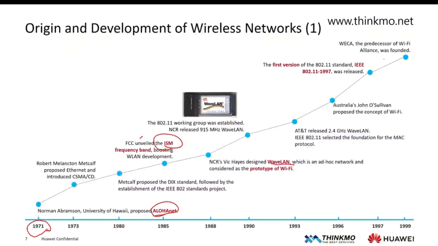By 1999, with the further development of wireless communication technology, the predecessor of the Wi-Fi Alliance, the Wireless Ethernet Compatibility Alliance, was established. After that, the Wi-Fi Alliance became a very important organization in wireless network technology.